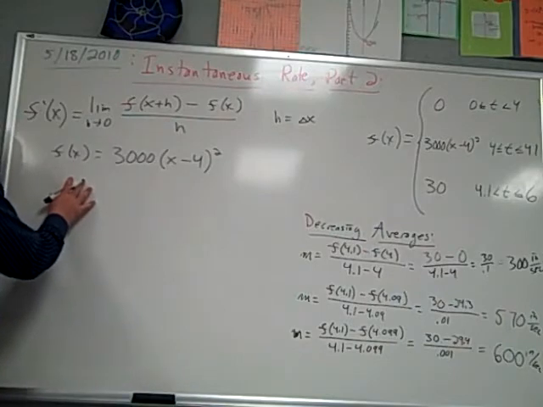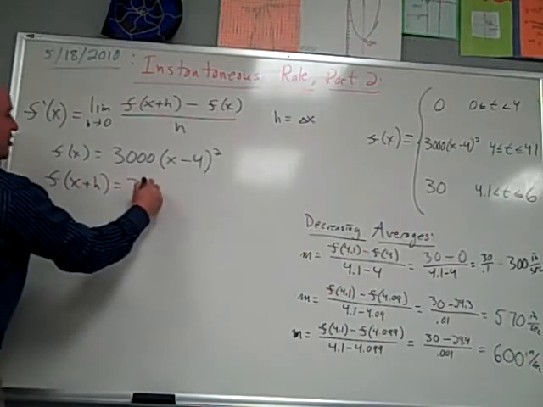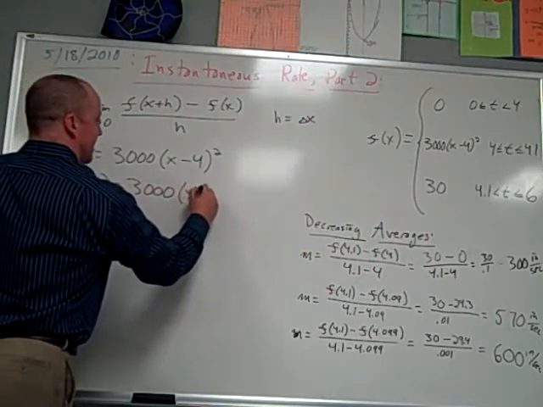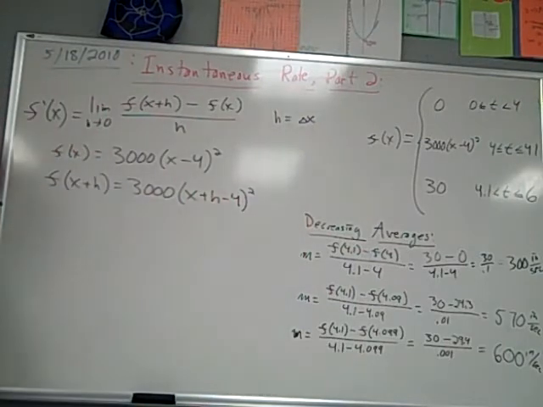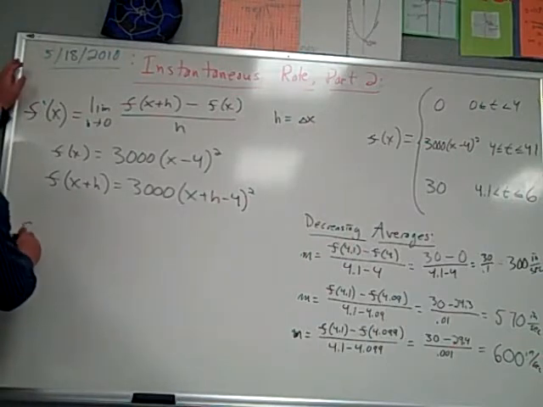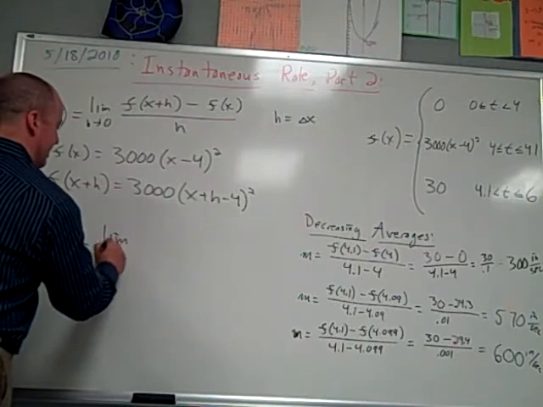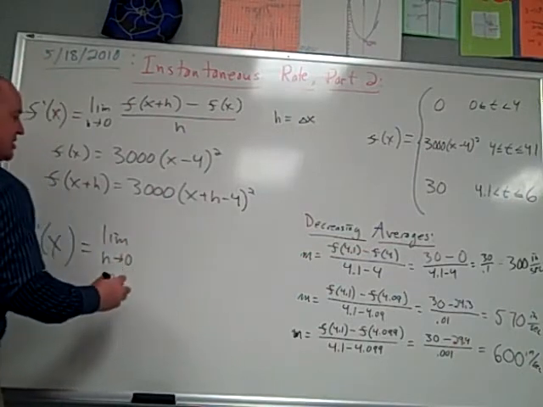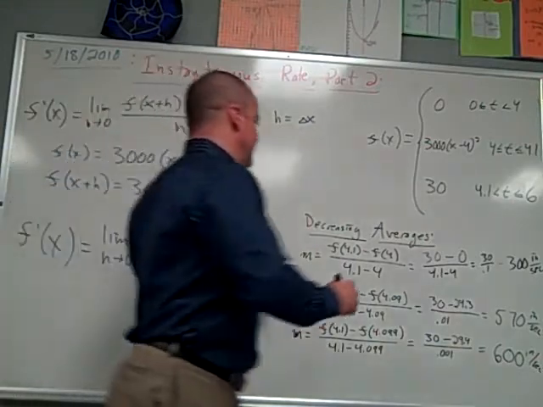Are you ready for some serious algebra? Not really, but good. F of x plus h is 3,000 x plus h minus 4 squared. So now we're going to find f prime of x, which is going to be the limit as h approaches 0 of, I need to erase this.